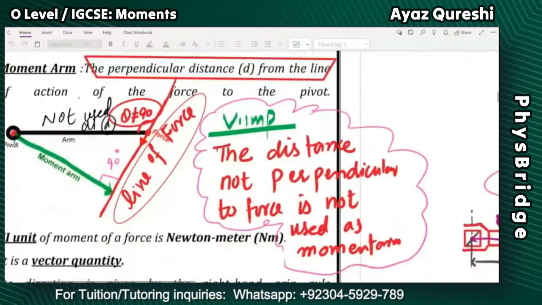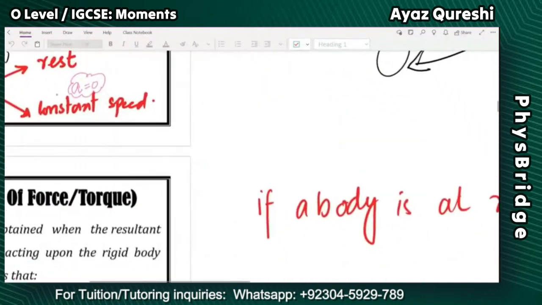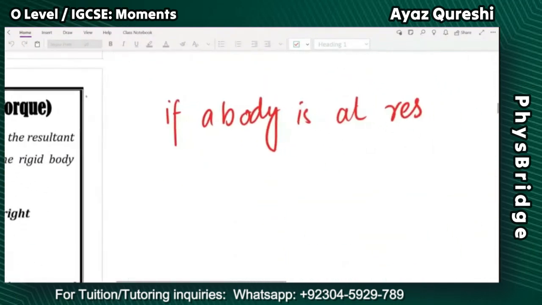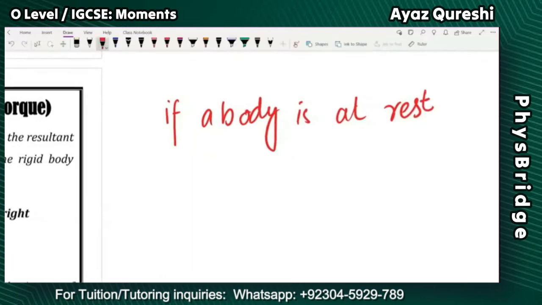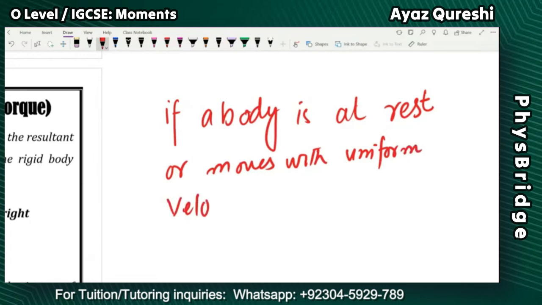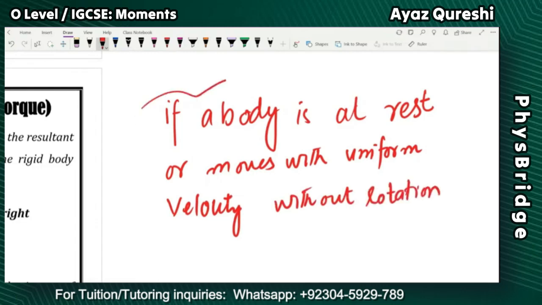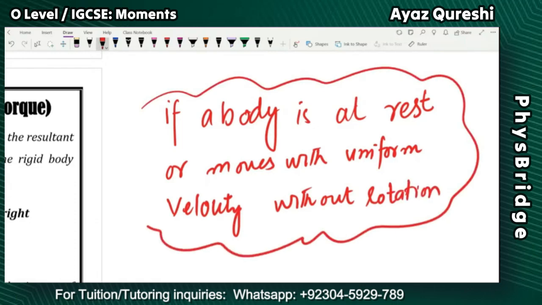Everything which is either at rest or moves with uniform velocity without rotation. If you have this condition for a body, then surely the body is in equilibrium.